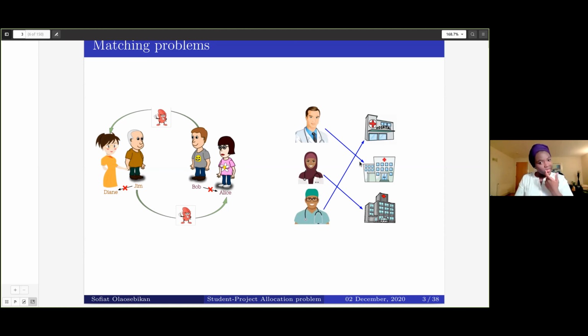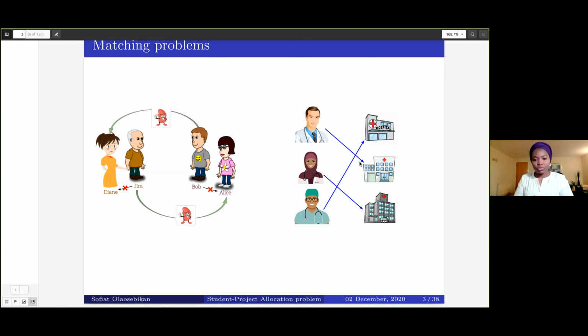And another application is the hospitals residents problem, which involves residents who wish to be assigned to hospitals for their medical residency programs. So the hospitals have preferences over the residents that find them acceptable. And they also have a notion of capacity, which tells us how many residents they are willing to accommodate.